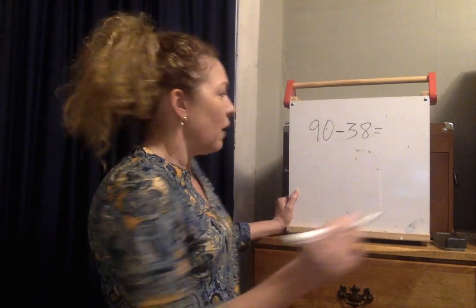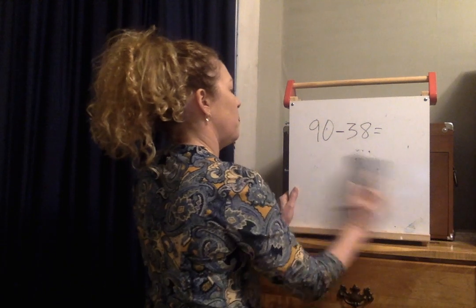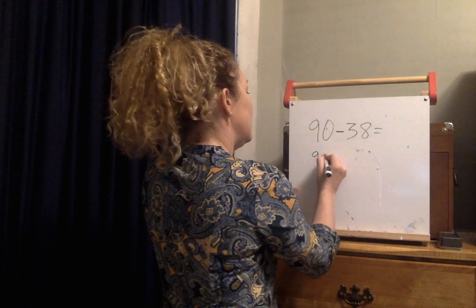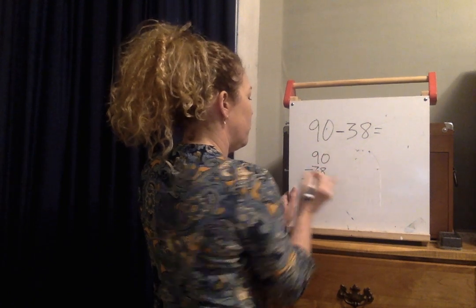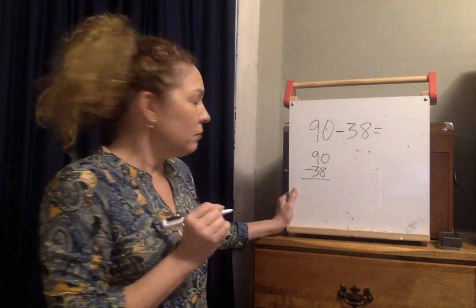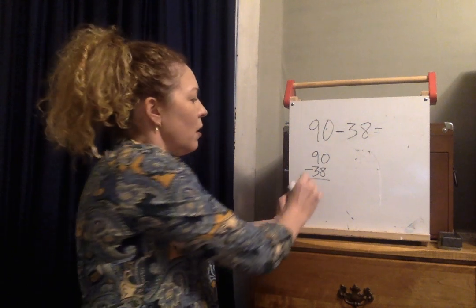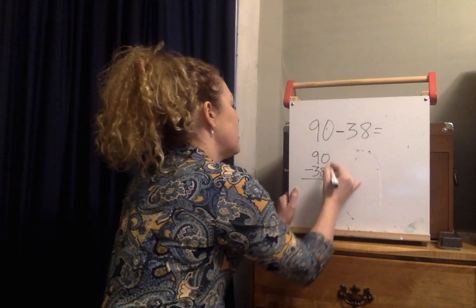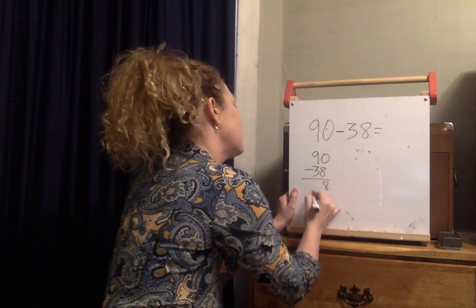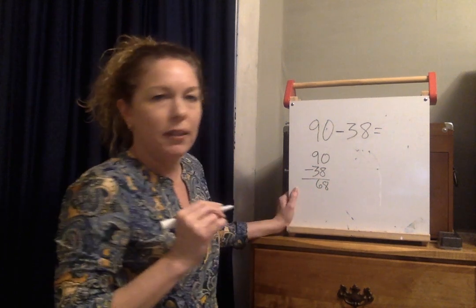All right, so your algorithm would look like, I'll leave that up there, 90 minus 38, right? And then you would say, okay, 8 minus 0. Okay, so that's 8 and 6. Okay, I'm done.